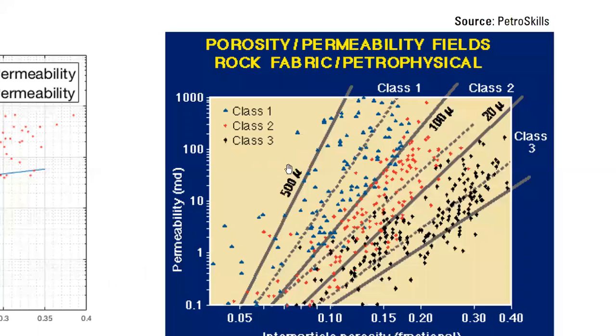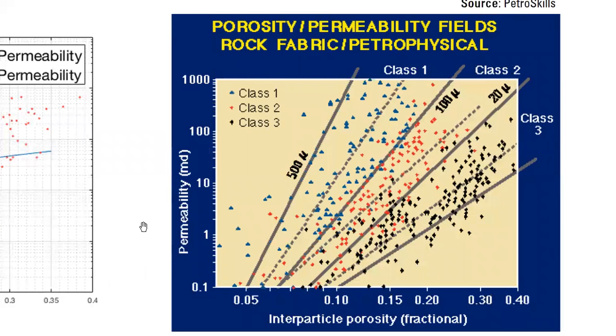This is another example of the correlation between porosity and permeability. You can see here we have three classes. This is the correlation for class 1, this is for class 2, and this is for class 3.